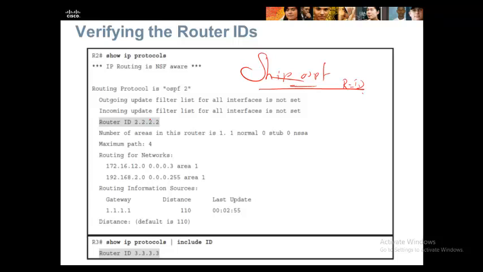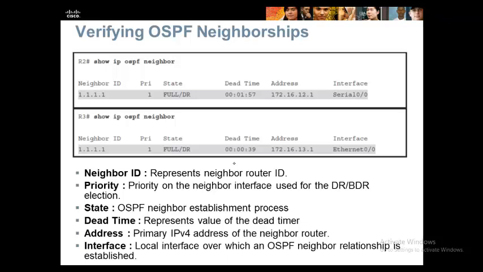Neighbors are identified not with their exit interface address, but with their router ID. Okay, so this is the router ID of the neighbor. The default priority is 1 for Ethernet. You see at last, the Ethernet 0/0 interface.